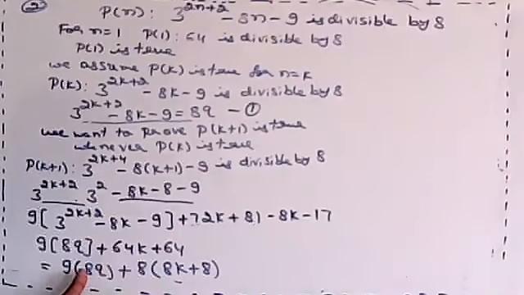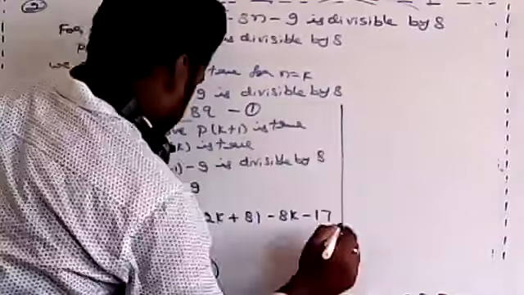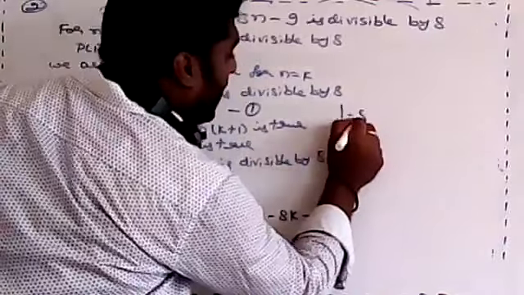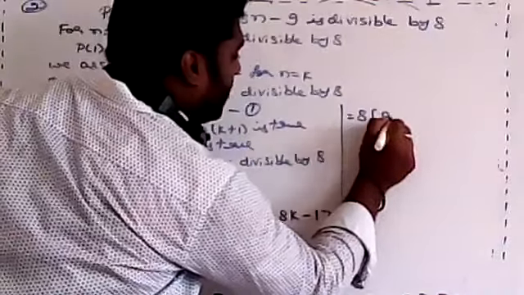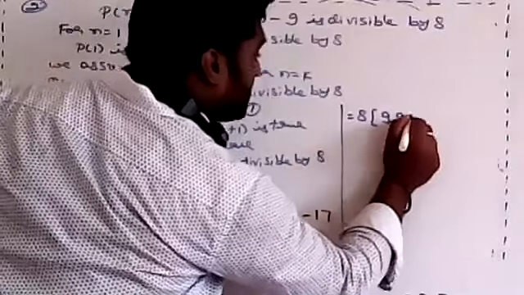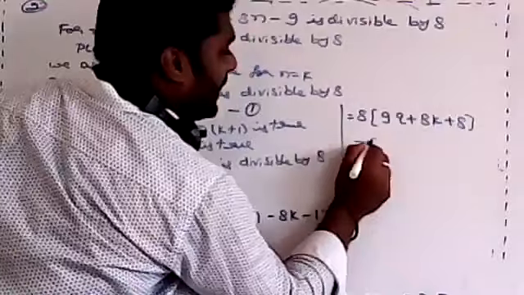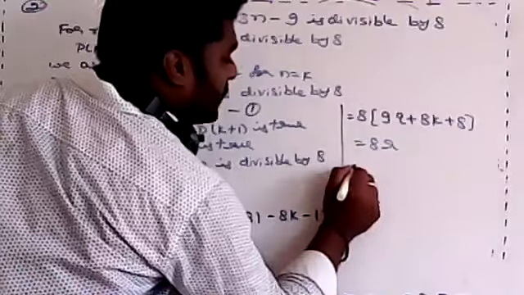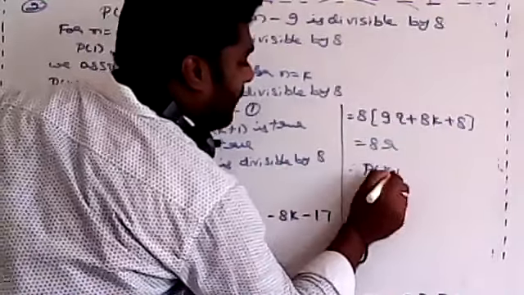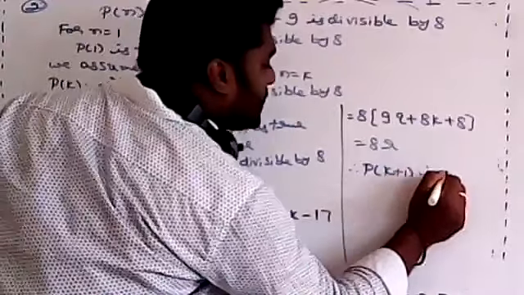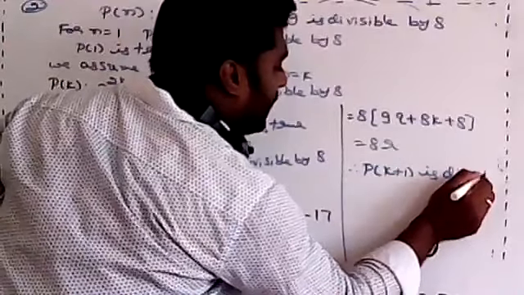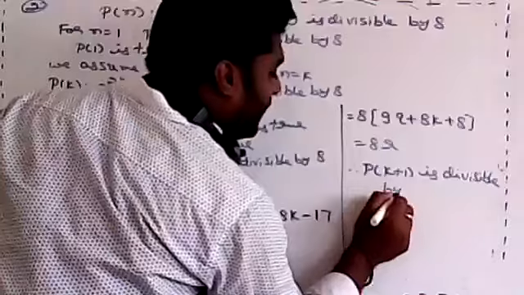So again in these two terms, I'm going to take 8 common. What is remaining then? If I take 8 common, remaining is 9q plus 8k plus 8. So can we write this as 8r? So therefore, P of k plus 1 is also divisible by 8.